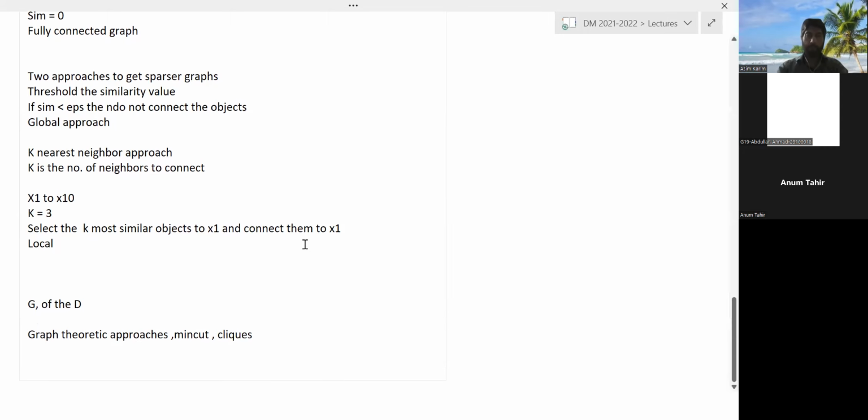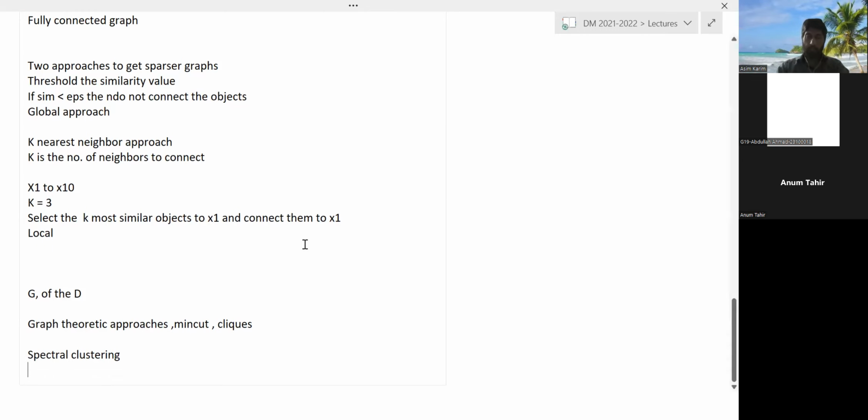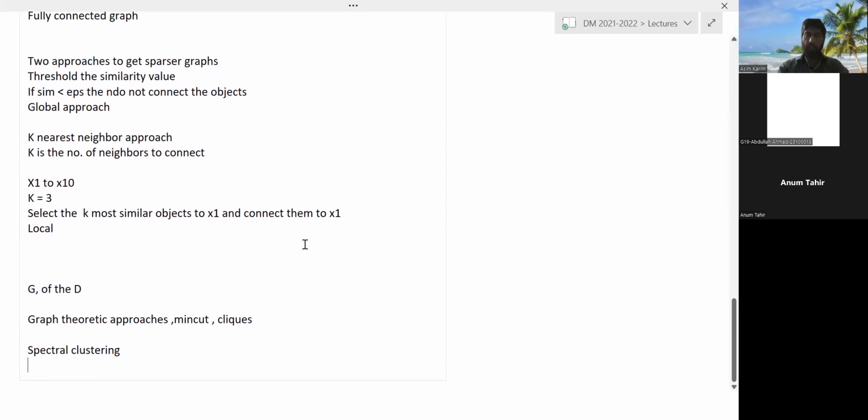Okay. The next class of techniques, again, we are probably not going to discuss in detail, is called spectral clustering. Spectral clustering is basically mathematical clustering.